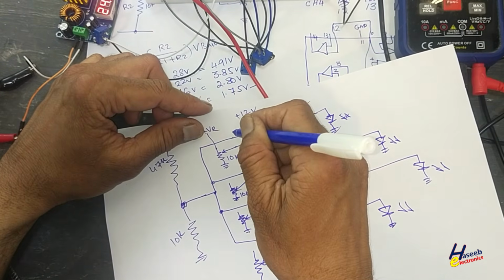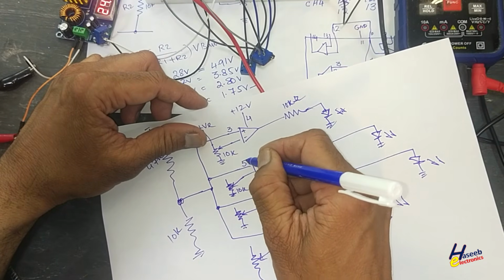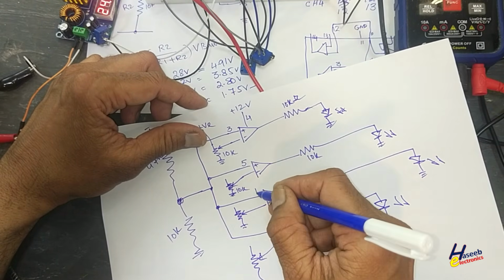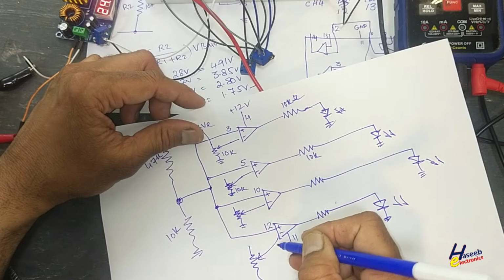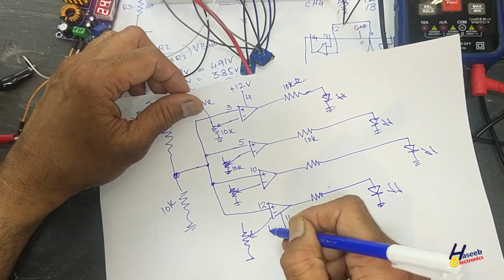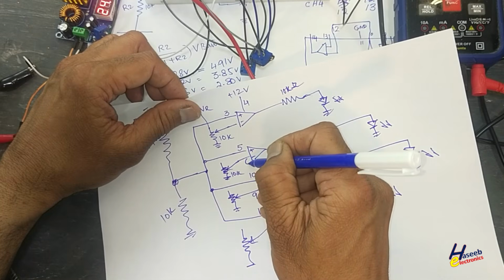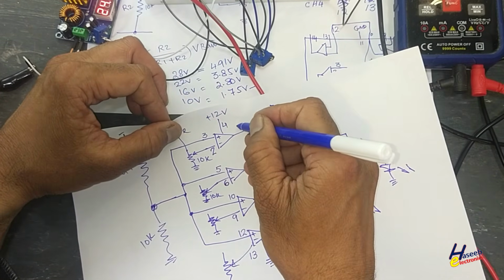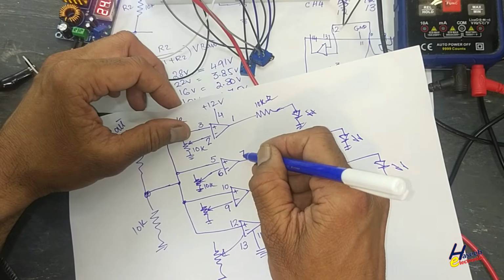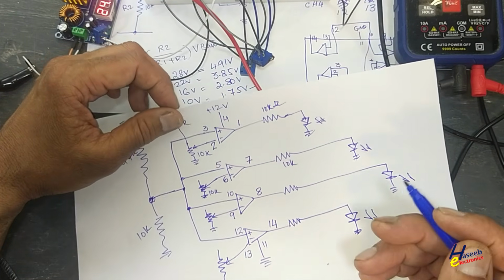We connected the test signal to pin number 3, pin number 5, pin number 10 and pin number 12. This reference signal at pin number 13, this reference signal at pin number 9, reference signal at pin number 6 and 2. Pin 1 output, pin 7 output, pin 8 output, pin 14 output.